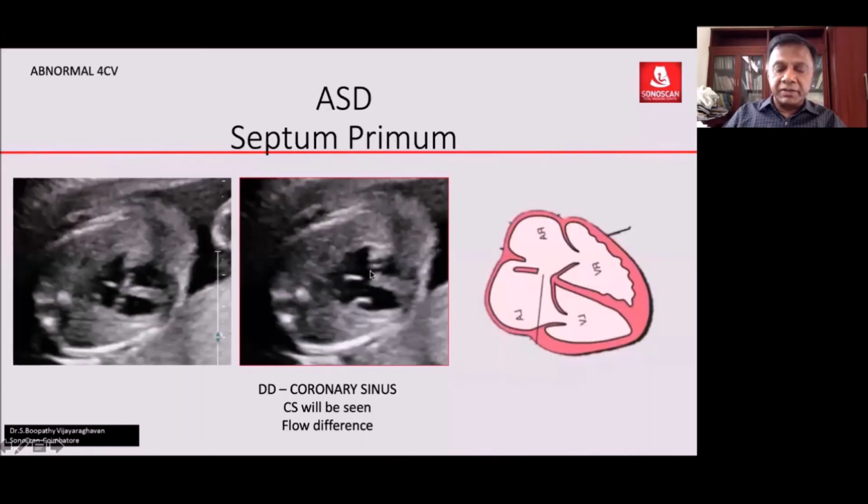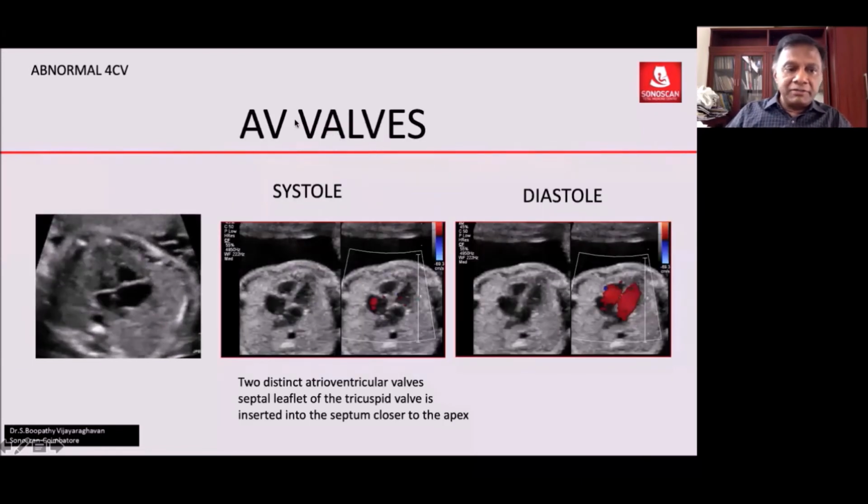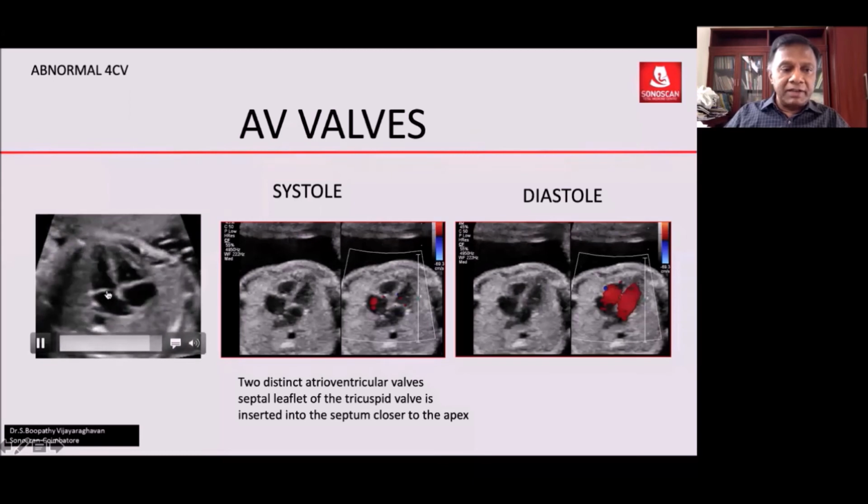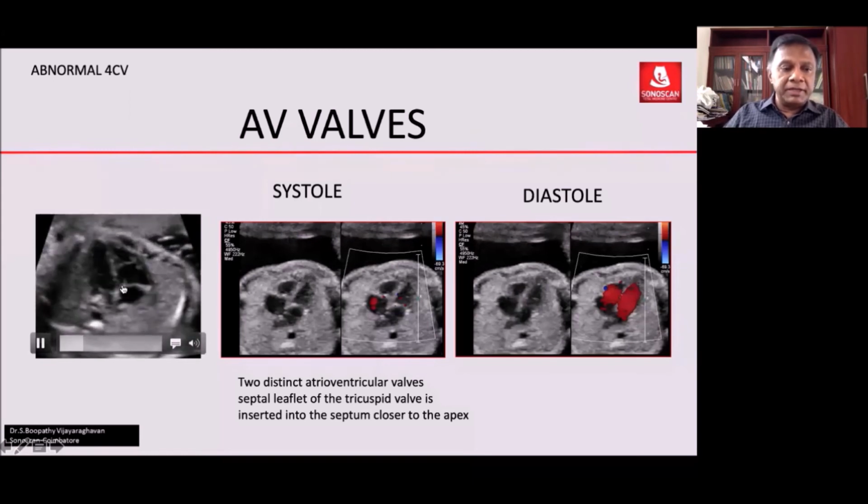The differential diagnosis, as we discussed earlier, is a dilated coronary sinus, which will be crossing to join the right atrium. So the differentiating points will be, if it is coronary sinus, you will see a dilated coronary sinus. The atrioventricular valves are seen better in the apical approach, because they will be perpendicular to the beam.